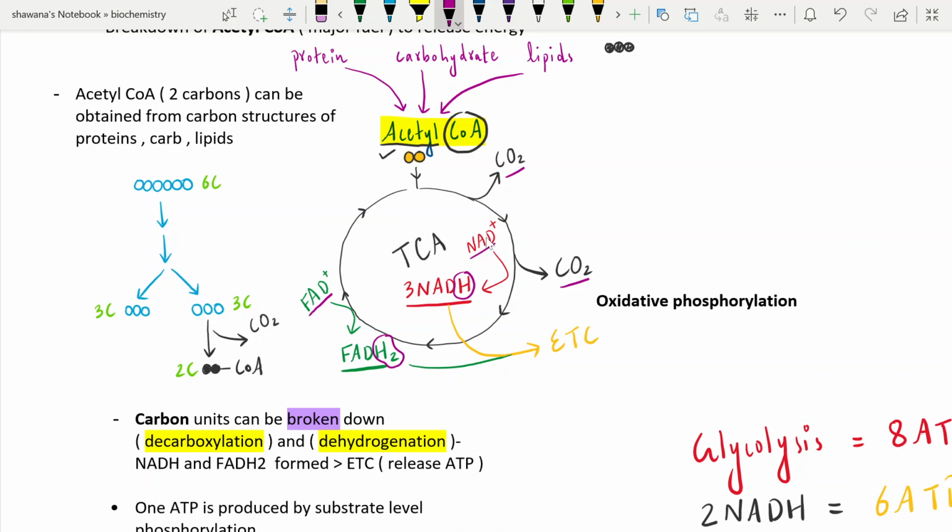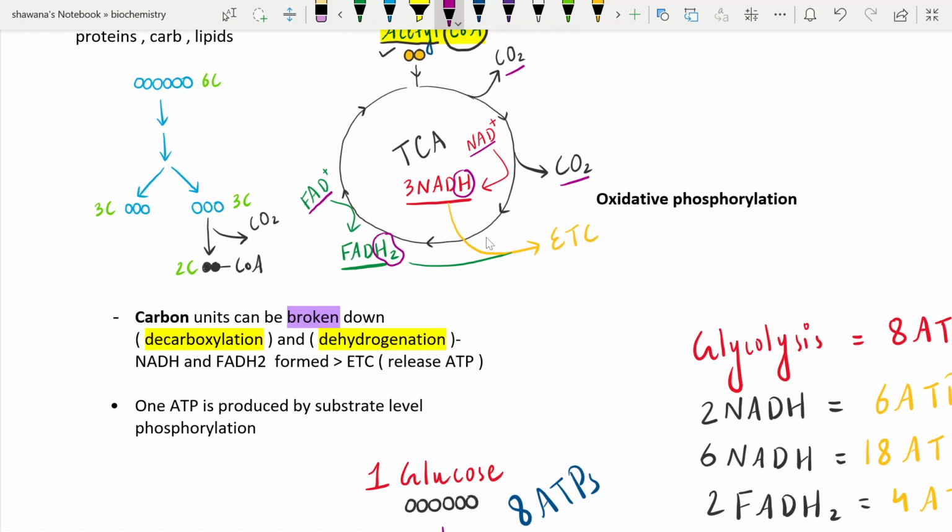So let's put some basics in your mind: the Krebs cycle involves reactions of decarboxylation and dehydrogenation. The decarboxylation reactions form two molecules of carbon dioxide, and the dehydrogenation reactions involve the formation of NADH and FADH2. These NADH and FADH2 are like reservoirs of energy when they go to the electron transport chain in the presence of oxygen.